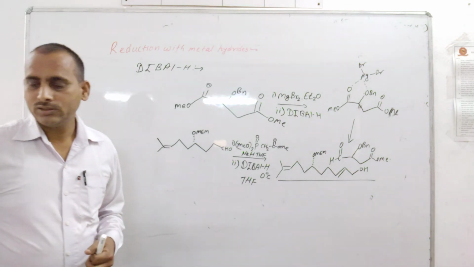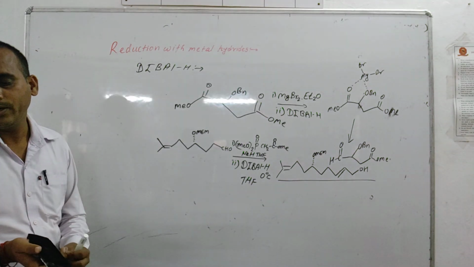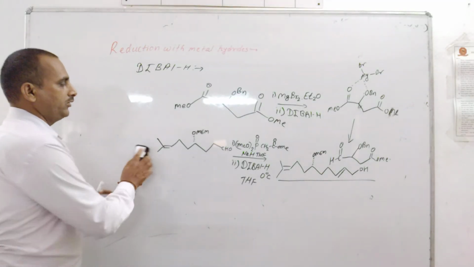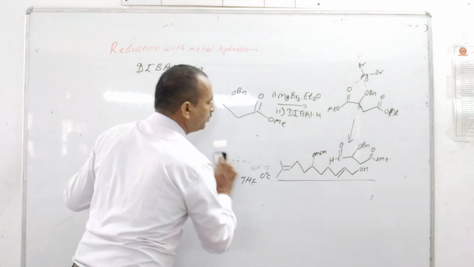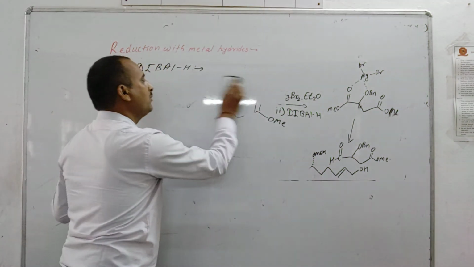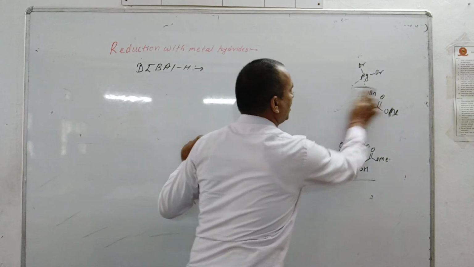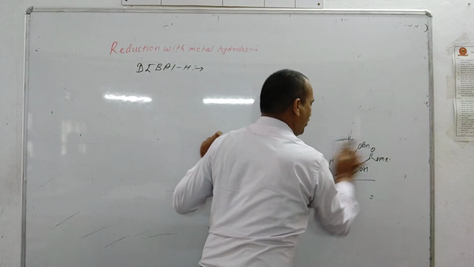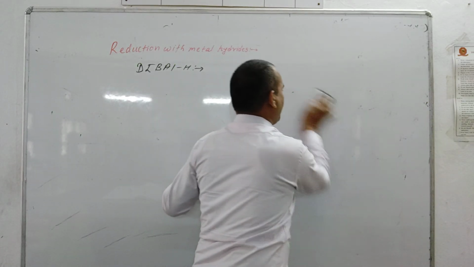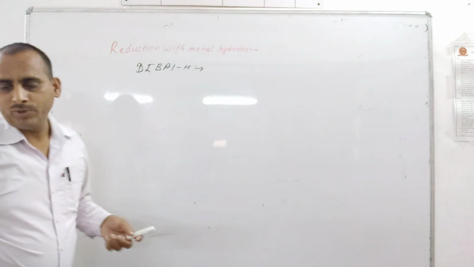Okay, another reduction: lactone to lactol. Reduction of lactone to lactol, or sometimes hemiacetal formation, takes place by using the diisobutyl aluminum hydride. Let's see the example.